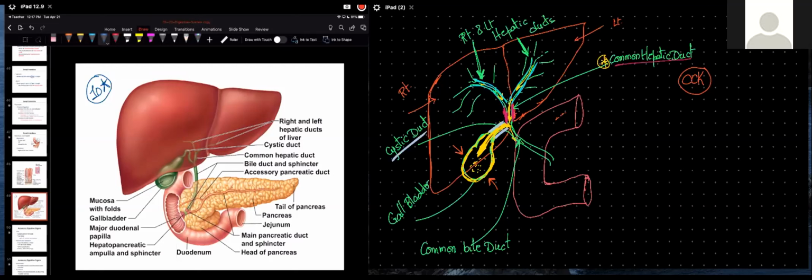The cystic duct and the common hepatic duct will fuse together and form a common duct through which the bile will be traveling, either concentrated or not concentrated yet. We call this duct my common bile duct. All right, this is my common bile duct. Any problem so far? Anybody still here?